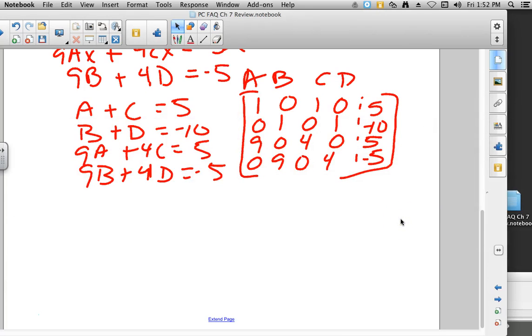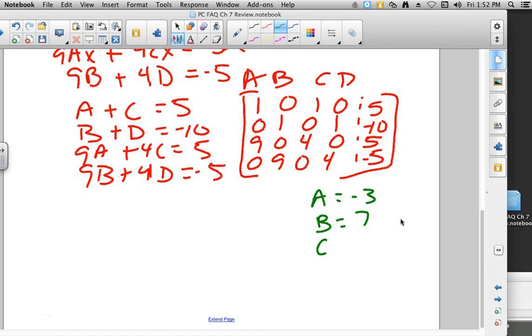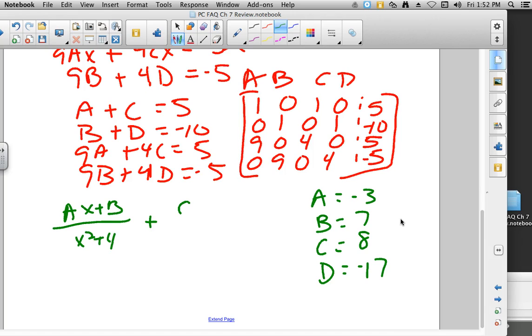So we'll go ahead and put this all together with what we know we're supposed to be doing. So A was -3, B was 7, C was 8, and D is -17. And we had (Ax + B) over (x² + 4) plus (Cx + D) over (x² + 9).